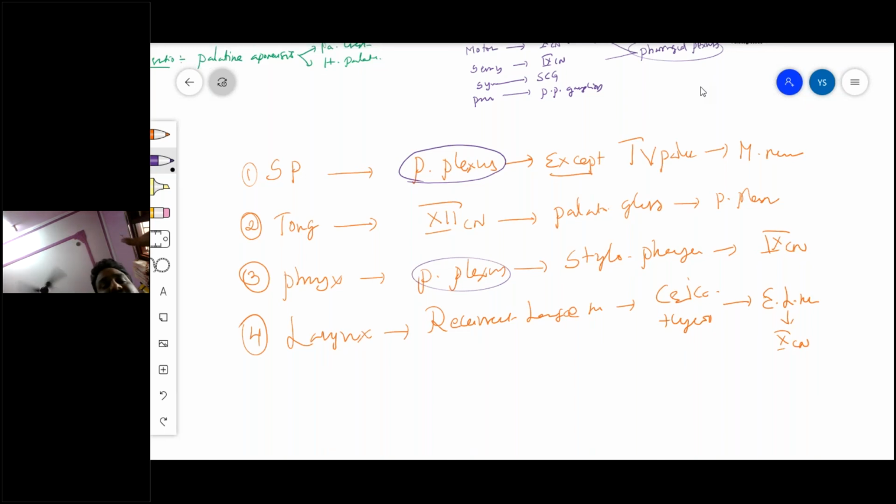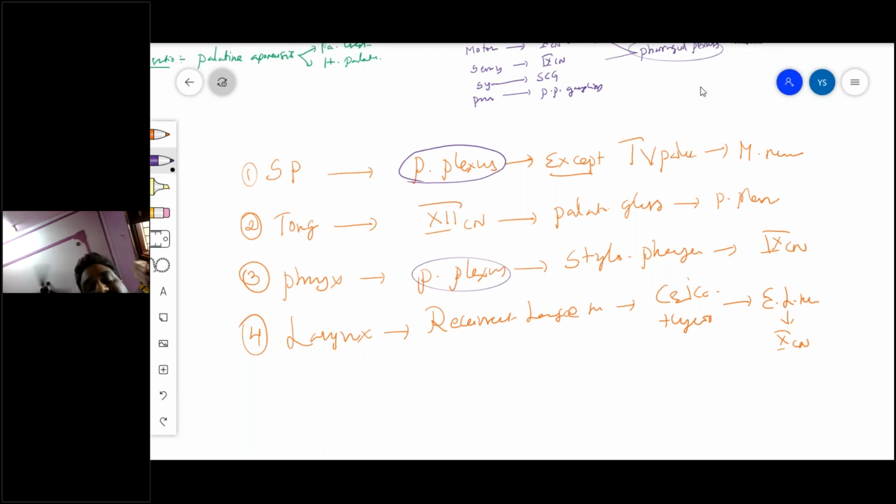So all muscles of the soft palate are supplied by the pharyngeal plexus except tensor veli palatini, which is supplied by the mandibular nerve. Like that, all muscles of the tongue are supplied by the 12th cranial nerve except palatoglossus, supplied by the pharyngeal plexus. Just now we have seen.